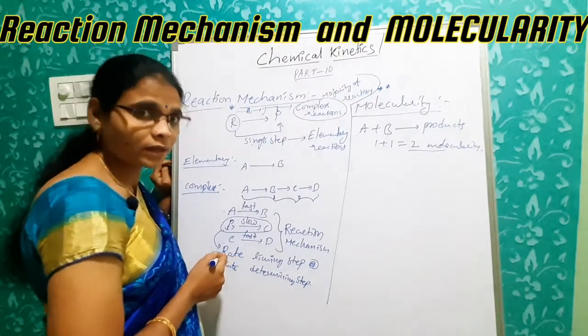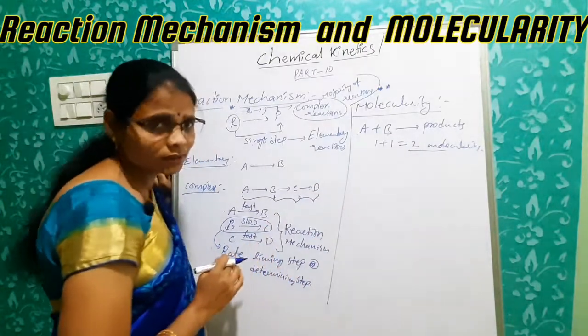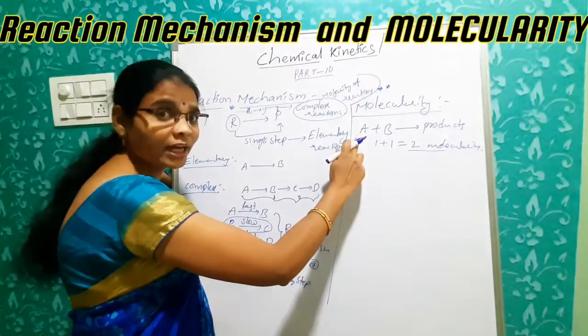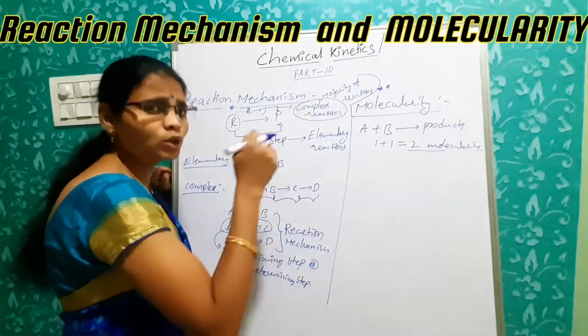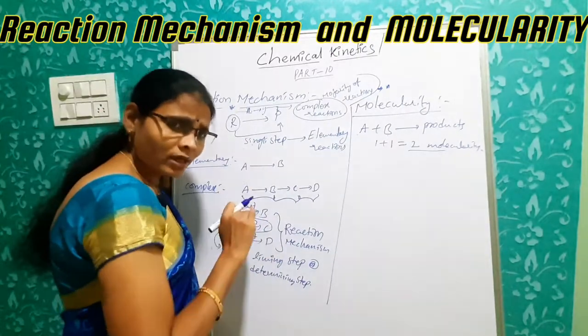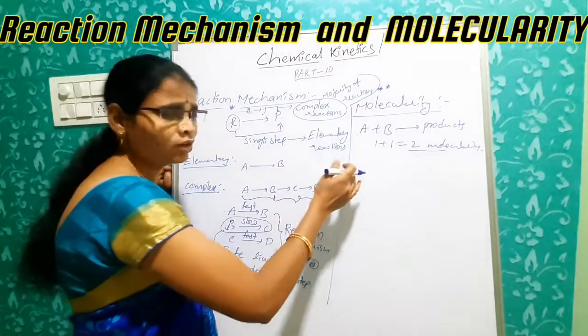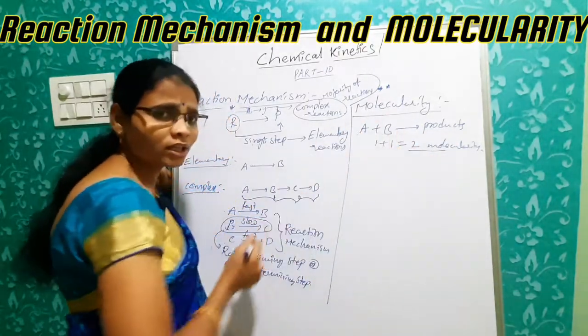Okay, clear? Simply, those molecules collide with each other to give products. So the number of reacting particles present in an elementary step or slow step or in a balanced stoichiometric equation, which collide with each other to give products, is called the molecularity of that reaction.